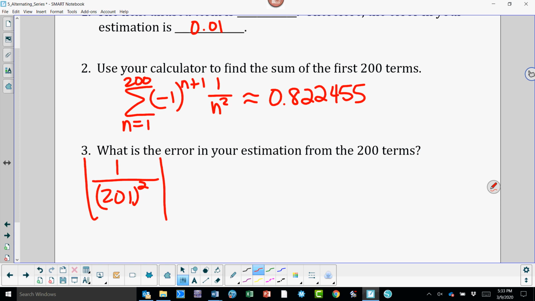This is the most that I can be off, and you can put that in the calculator. If you add 200 terms, you're at most off 0.000025. So that's really close. You are correct in these 4 decimal places. So that's pretty good, and I only added 200 terms.